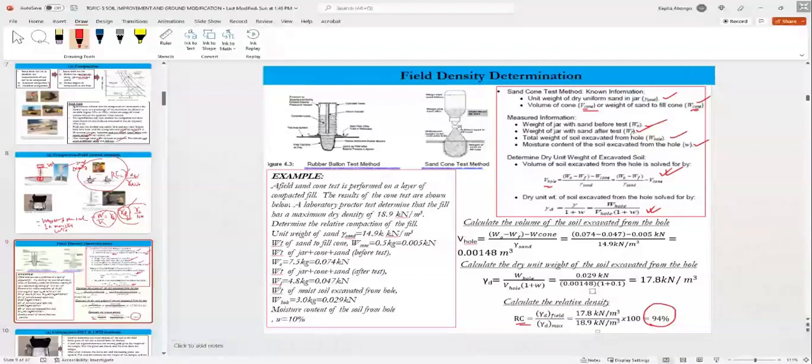Large place, let's say half of Nyayo Stadium field, or a quarter of the football field. If it passes compaction, is that the only proof that everything is okay?